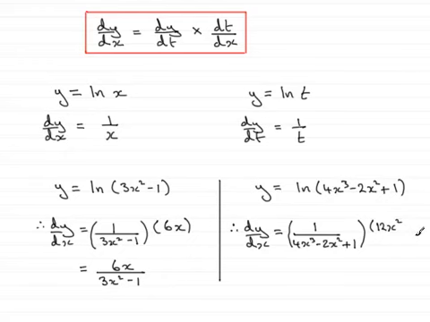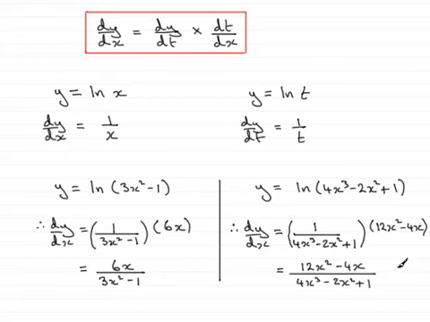Differentiating minus 2x squared with respect to x is minus 4x. And 1 disappears. So therefore, what I have when this is multiplied together is simply 12x squared minus 4x all over 4x cubed minus 2x squared plus 1.